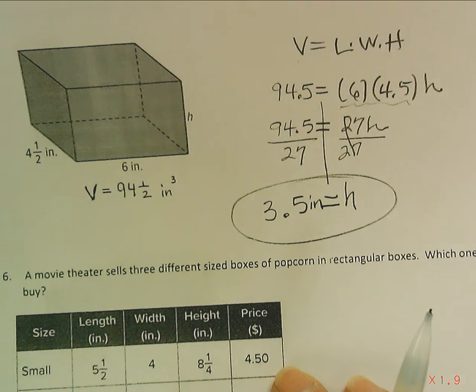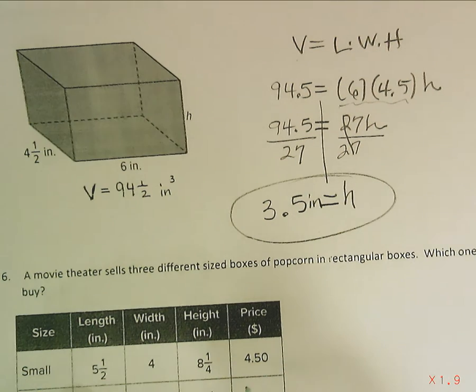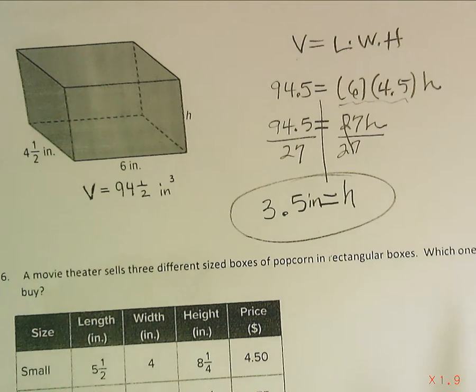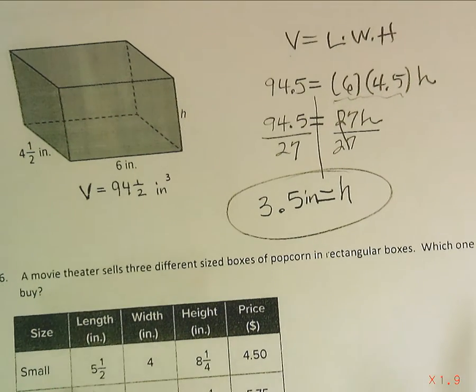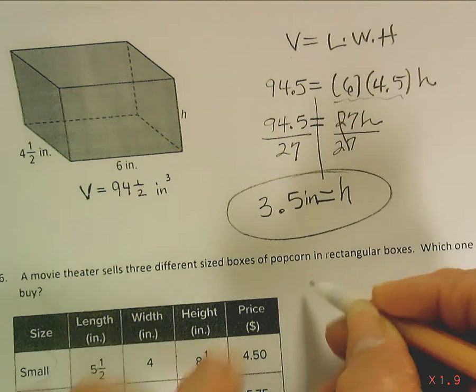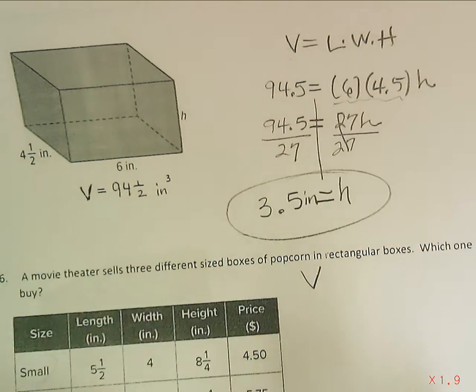All right? So what we're going to have to do here, I'm going to step you through it. I don't think this is one that you could figure out on your own. We're going to figure out the volume of the small box and then see how much it costs for each cubic inch. And then we're going to do the same thing for the medium and the same thing for the large. So the first step is to find the volume.